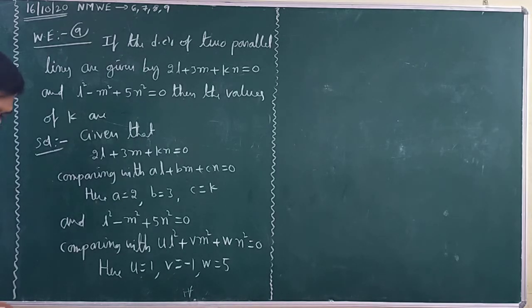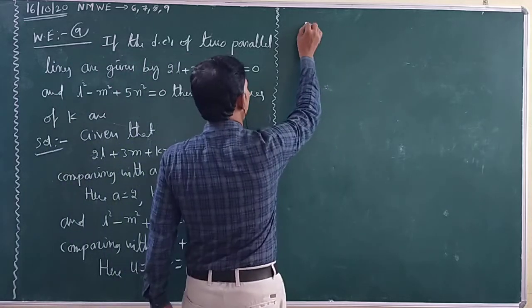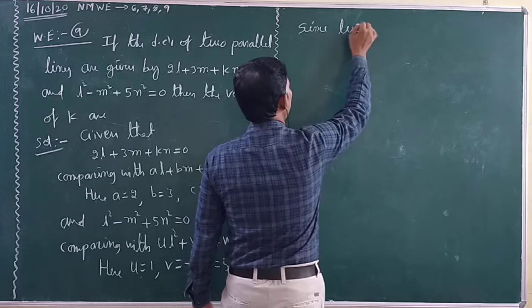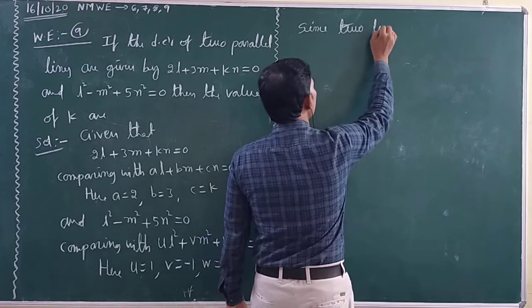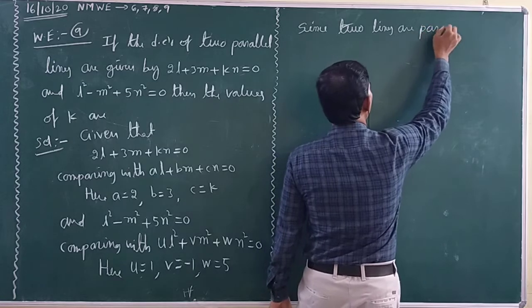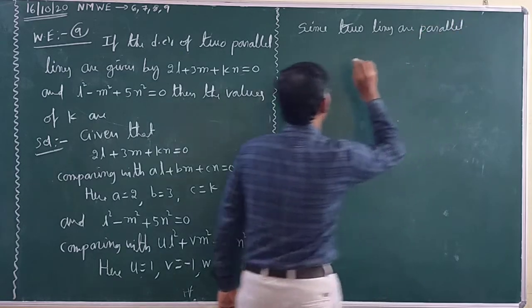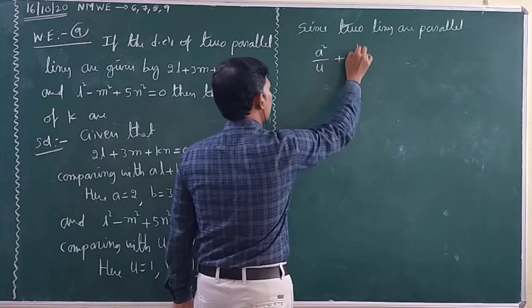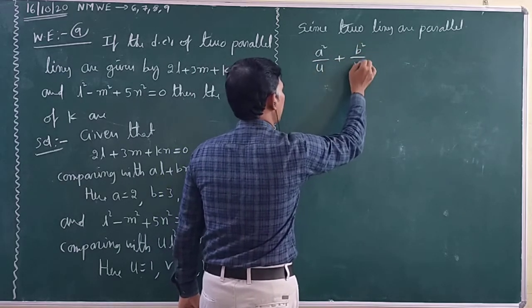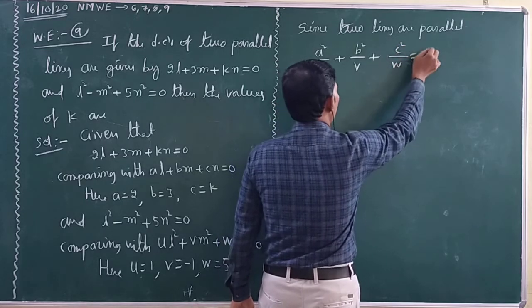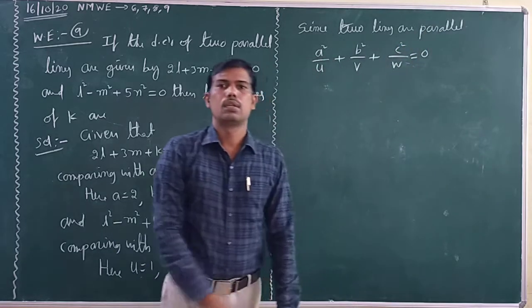Since the two lines are parallel, what is the condition? A square by U plus B square by V plus C square by W is equal to 0.